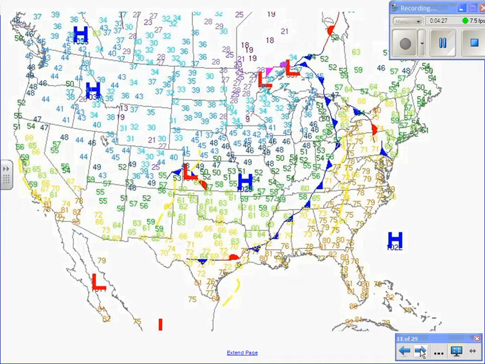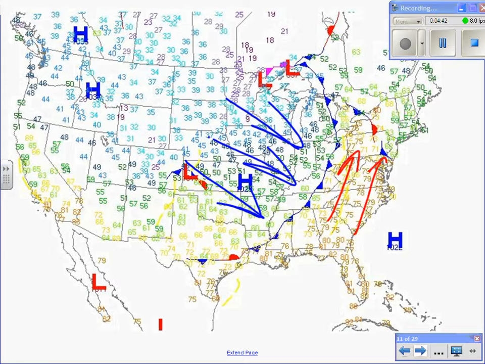Notice as the front has advanced, the temperatures have decreased. And the warm air, it's almost as if the warm air is being squeezed out. Again, this would be maritime tropical air, and this would be continental Arctic or continental polar air.